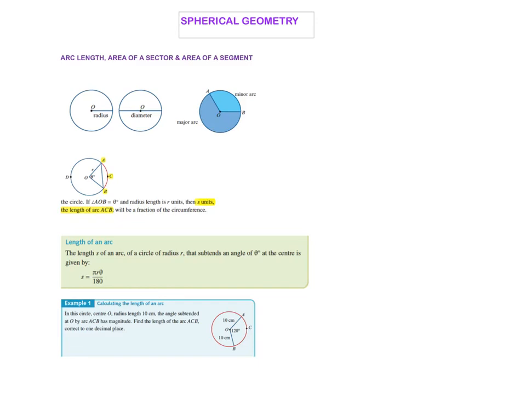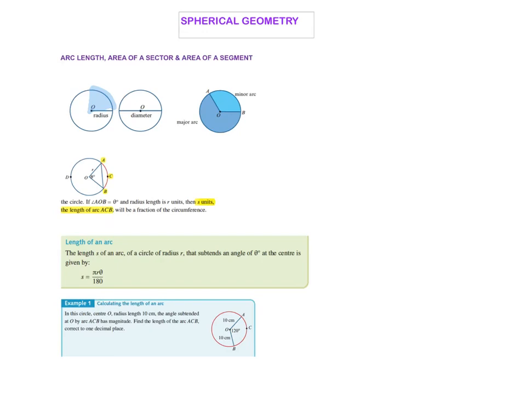So today we're starting spherical geometry. The things that we will look at are arc lengths. An arc length is just when you're finding a distance around the circle, like the edge of the circle. We'll look at area of a sector. That's when you're finding a piece of the circle, and you find the area.